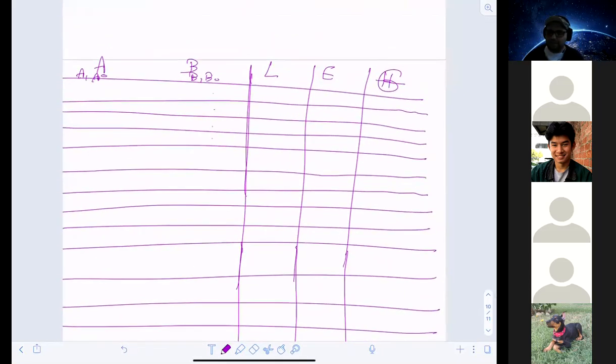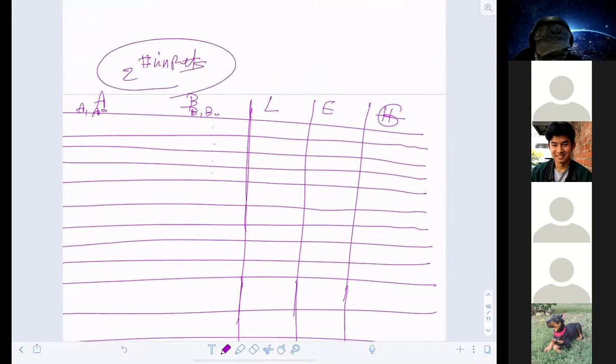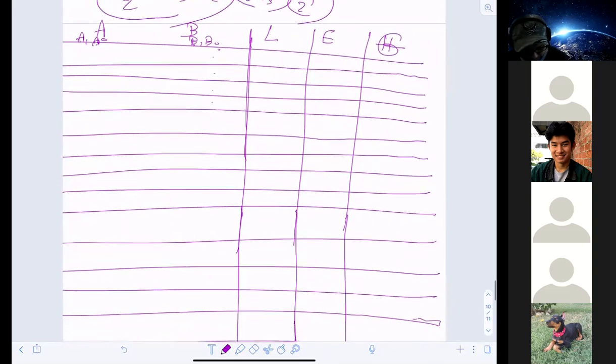Yeah, but what I want to say is my general rule from day one, if you remember: it's going to be 2 to the power of the number of inputs in terms of bits. So 1, 2, 3, 4, it's going to be 2 to the power 4. That's basically my rule.